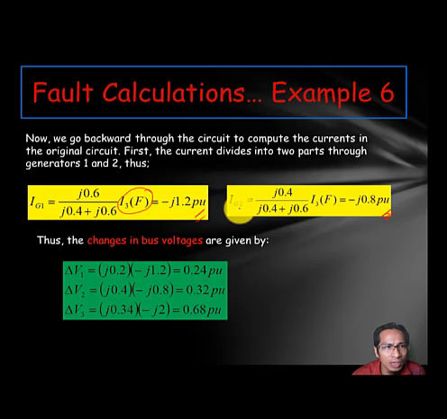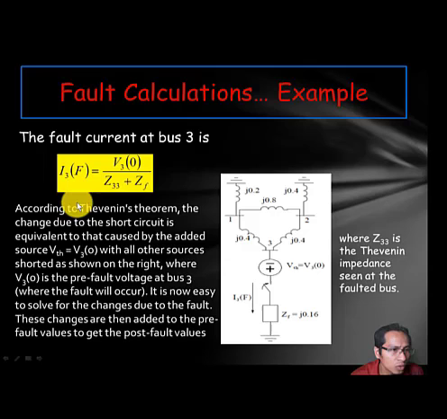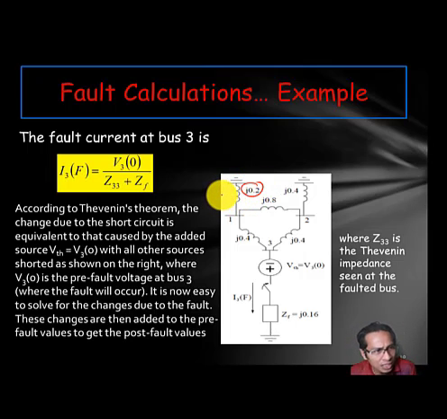So we have to find the changes in bus voltage during faults. The change for V1 is equal to the impedance at bus 1 times the current flowing towards that bus bar. This is our original circuit, and we want to find the voltage change here at V1, bus bar 1.